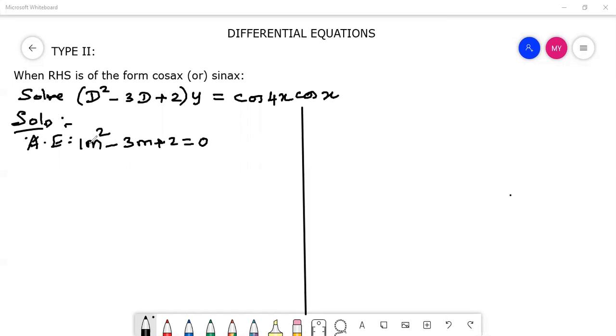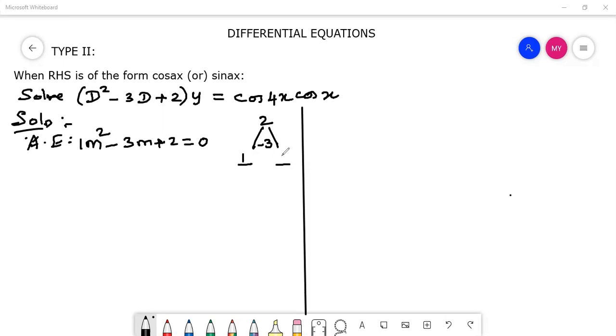So m square has the coefficient 1. So we multiply 1 times 2, it will be 2. And what is the m coefficient? It is negative 3. So you have to find two values which add to give negative 3 and multiply to give 2.